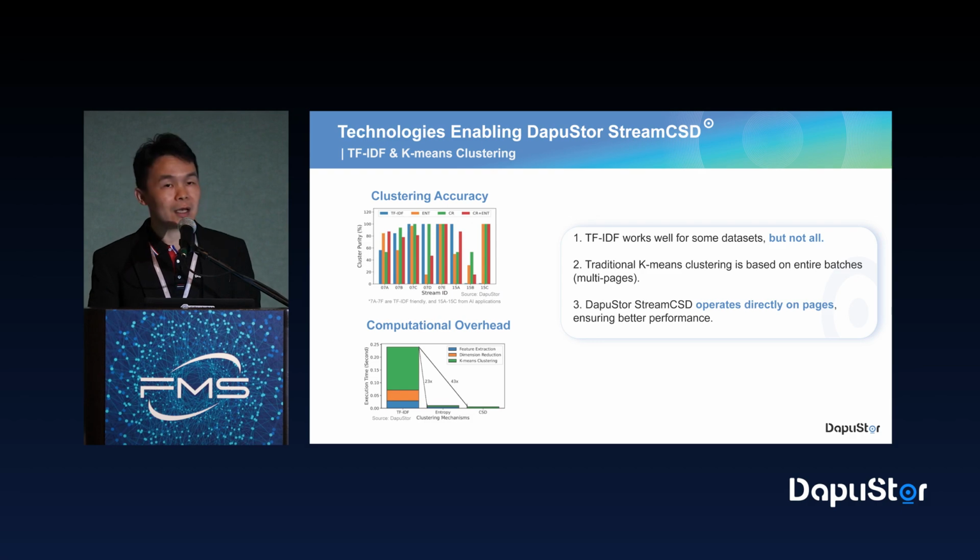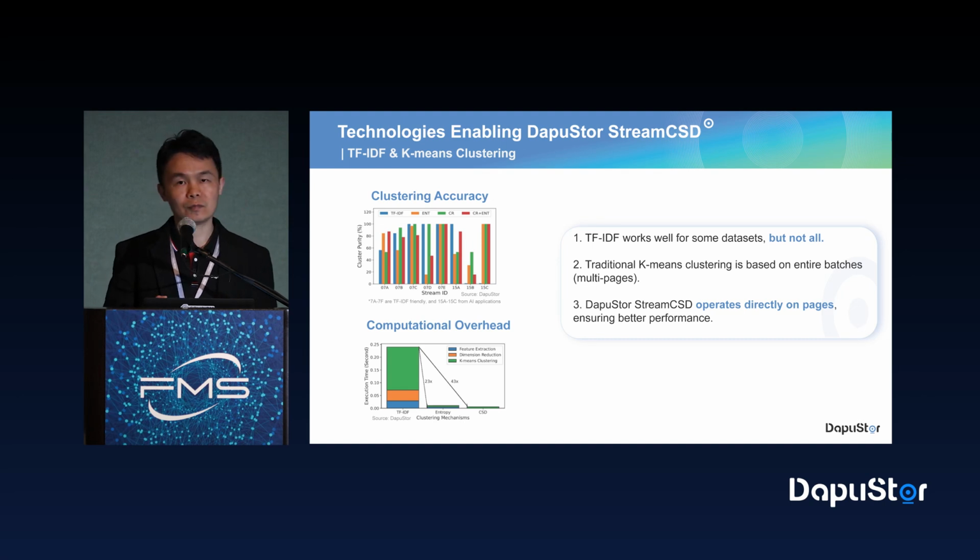On the other hand, SSD controllers are usually based on ARM CPUs or RISC-V CPUs, so the CPU is not so powerful. As the previous presenter said, software to do the compression or the classification is not so efficient.